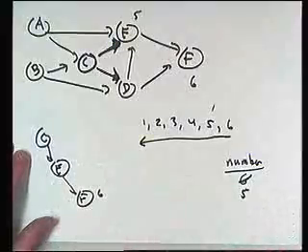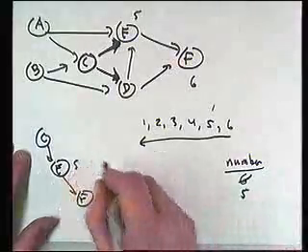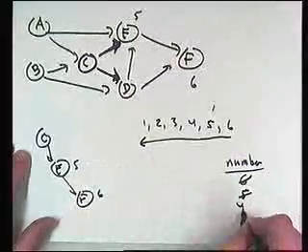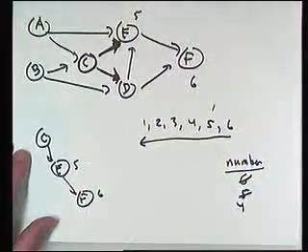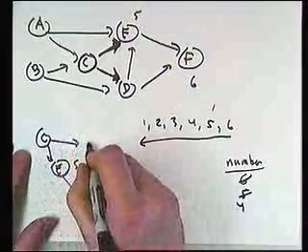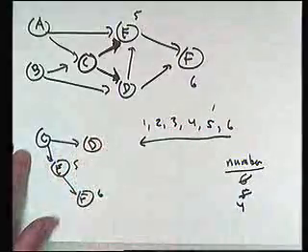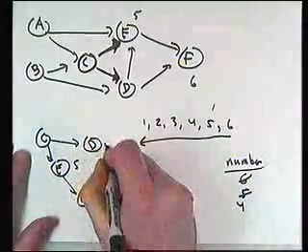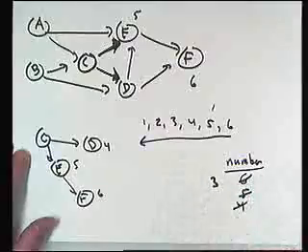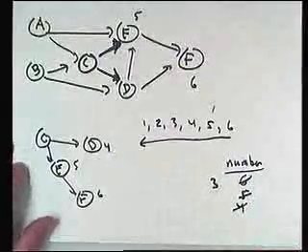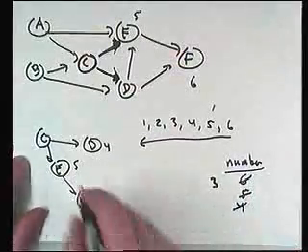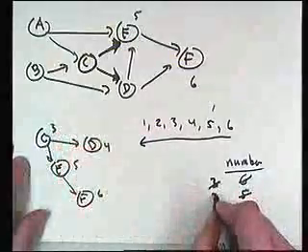From E I have no more neighbors to explore, so I assign 5 to E and decrease that to 4. From C I have one more neighbor to explore, and that's D, and from there I have no unmarked neighbors. So I assign 4 there and decrease that to 3. From C, I have no more neighbors to explore, so I assign 3 to that and decrease that to 2.